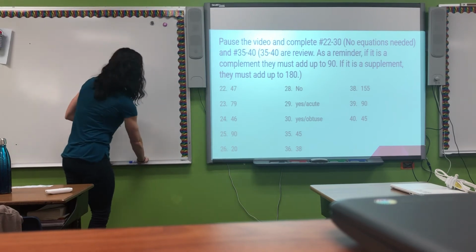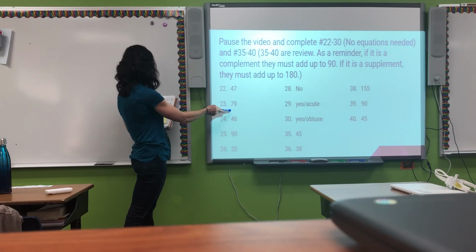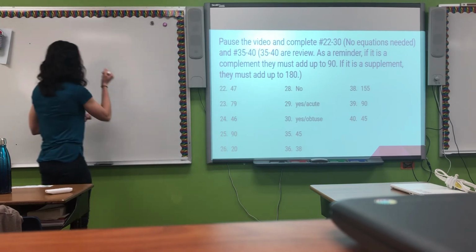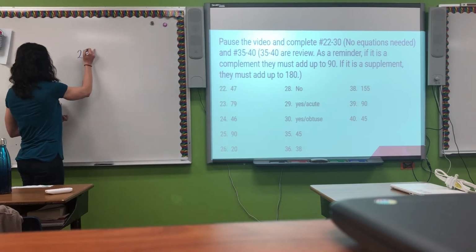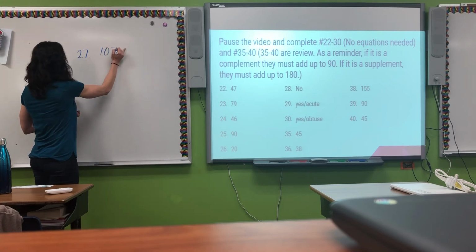All right, so number 22, our unknown is 47, 23, 79, 24, 46, 25, 90, 26, 20, 27, 107 degrees.